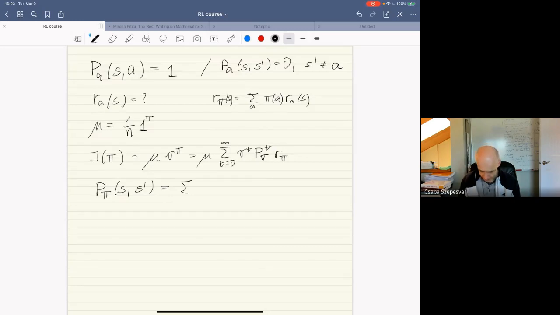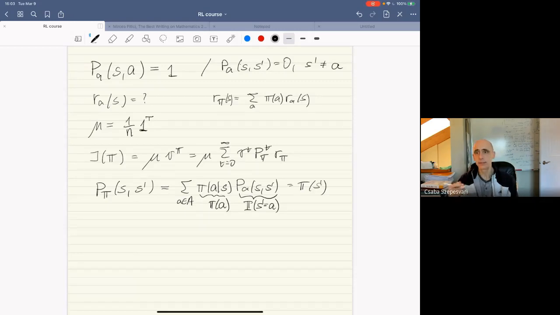Just writing the definition here, this is in general this, but of course in our case this is just pi of A, and this was the indicator whether S prime is A. And so you're summing over all A's, but you only hit the jackpot when A is S prime, so you get pi of S prime.